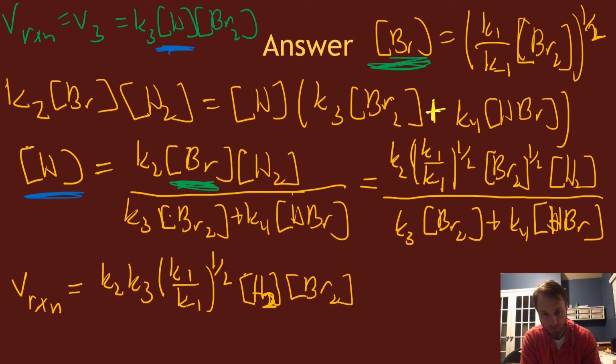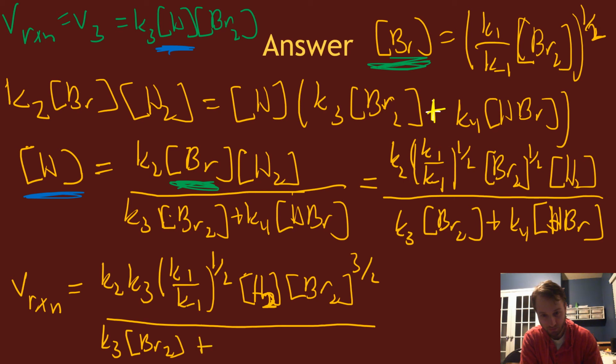Now it's [Br2] times [Br2] to the 1/2, so this is to the 3/2, all over k3[Br2] plus k4[HBr]. And so this is our lovely final rate expression here.